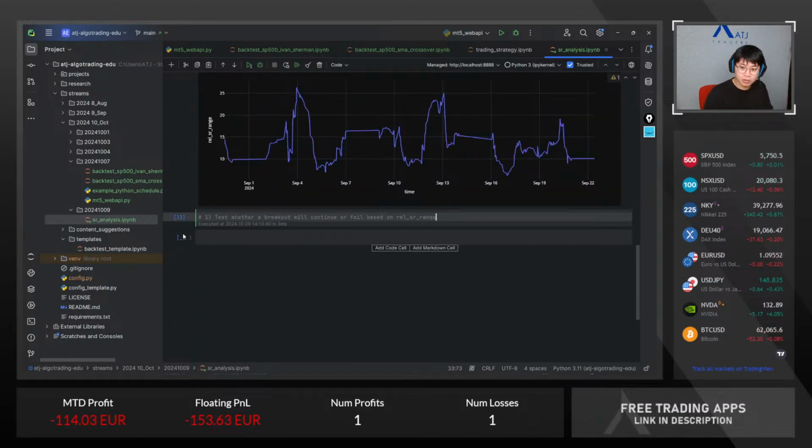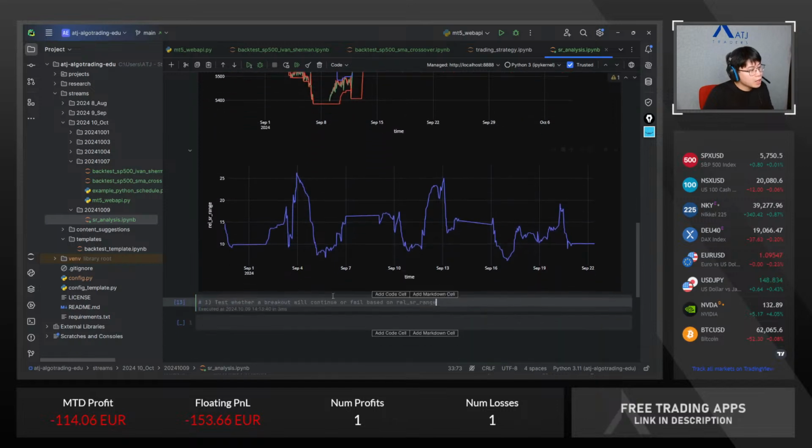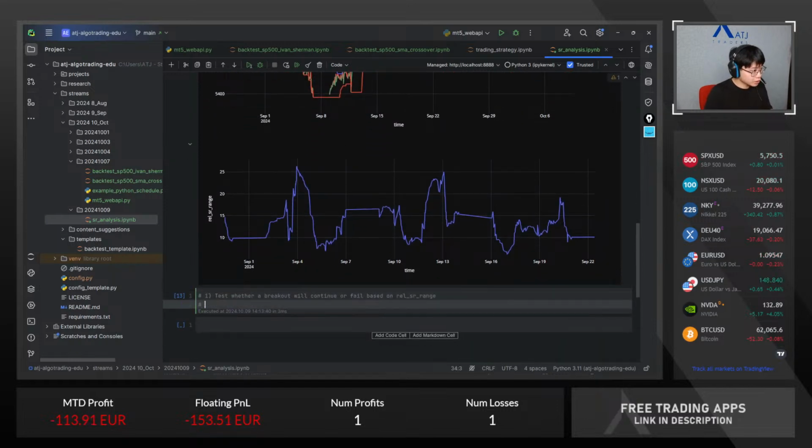So this is my first question that I want to answer, and then the second one is, and this is like a different topic, but maybe count the number of touches for each support SR level.